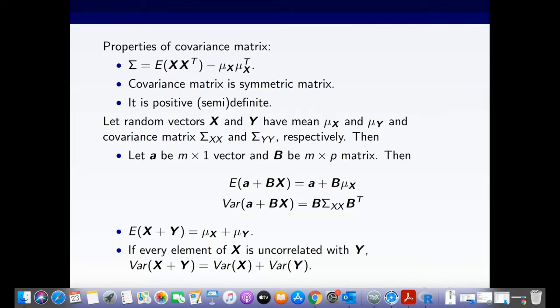Is this okay? Here a is an n times 1 vector, and b is an n times p matrix. So b times x is an n times 1 vector.